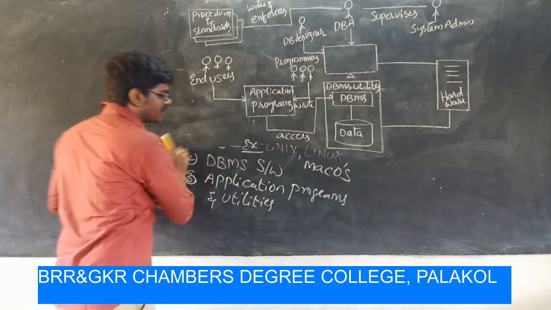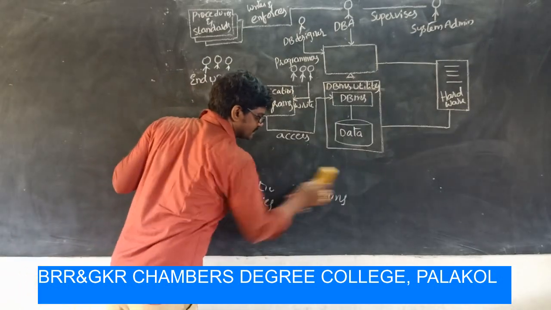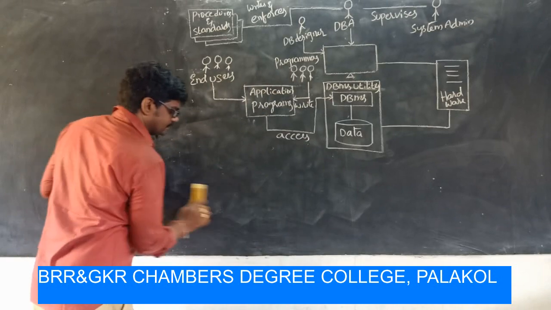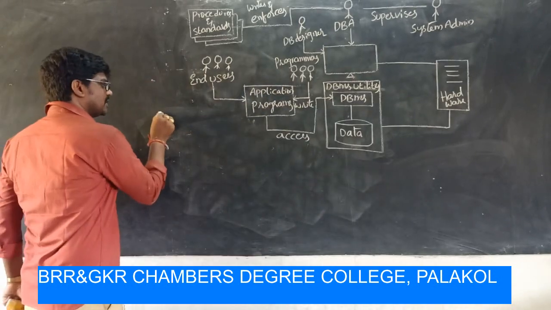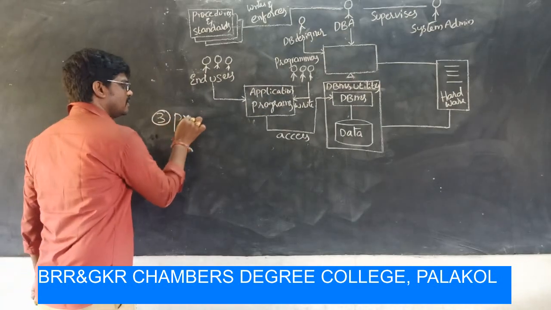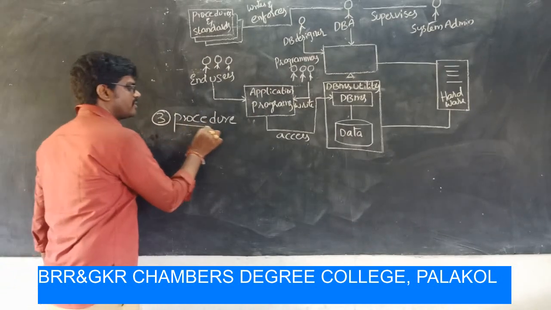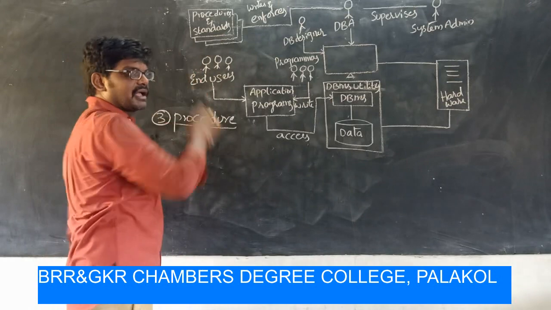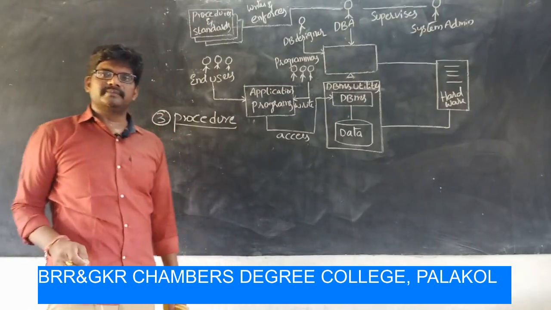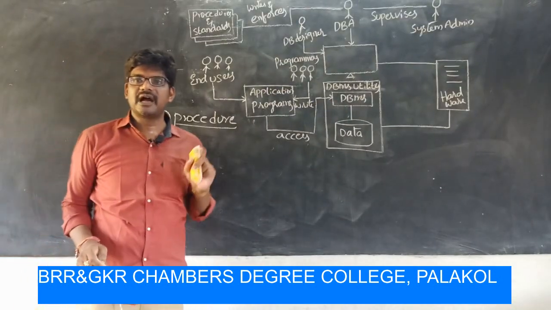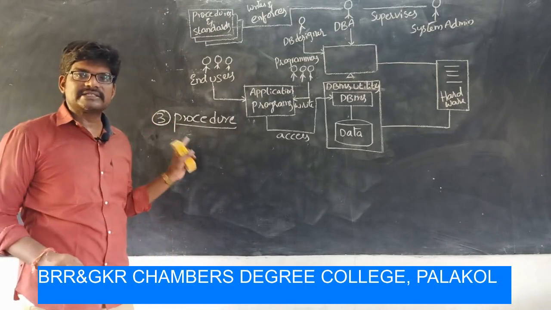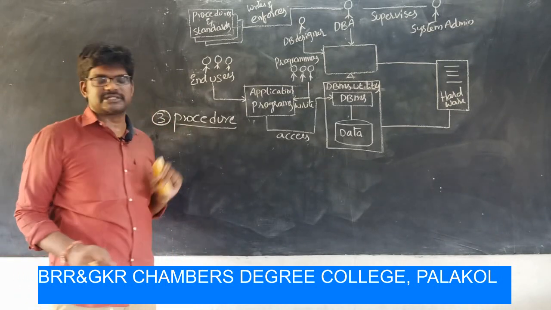And the next component is procedure. The third component is procedure. So what is the meaning of procedures? Procedures are the instructions and the rules that govern the design and use of the database system.